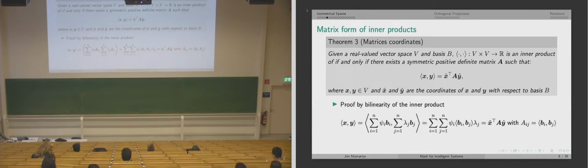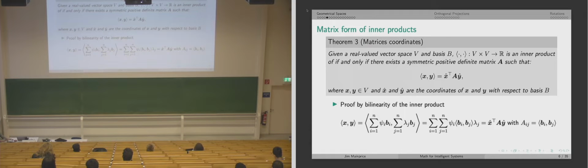That's what that is. So of course, if you express the same inner product in a different basis, you will get a different matrix A. And that's why it's the coordinate representation of that inner product. And all inner products can be expressed this way. Or reversely, if you have an expression like this, where A is symmetric positive definite, it's defining an inner product on some vector space.